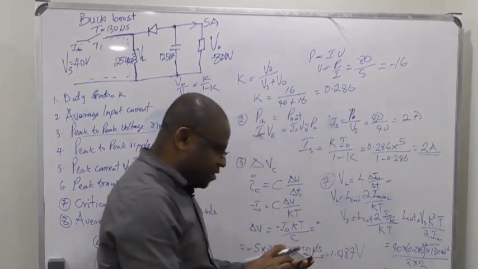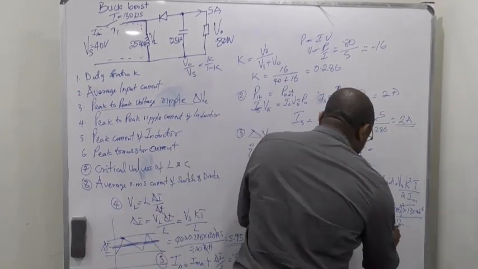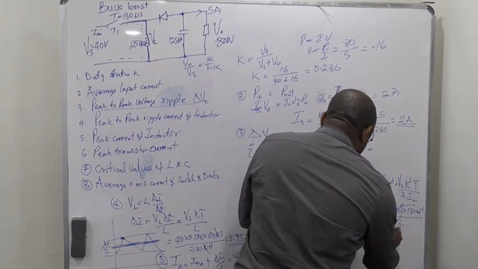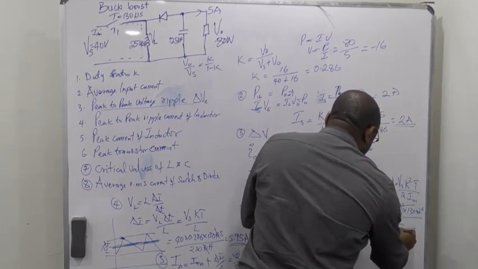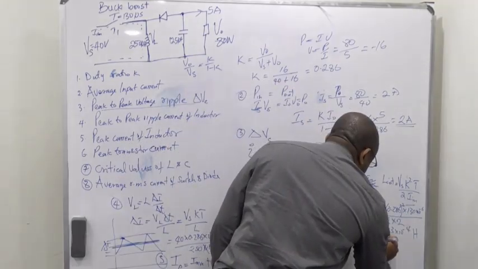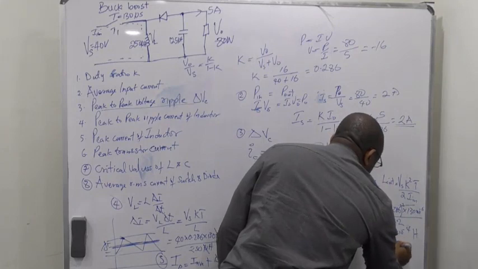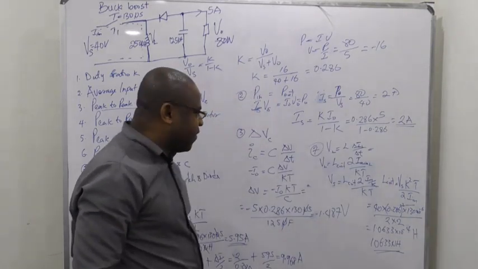So 0.286 squared gives 1.0633 times 10 to the power minus 4 Henry, which is 106.33 micro Henry. That's the critical value there.